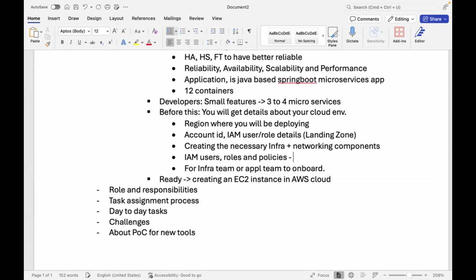Sometimes it is connected to the AD, Windows AD users, because company people information will be stored in AD, Active Directory. The same set of users will be used inside your AWS account. Okay.